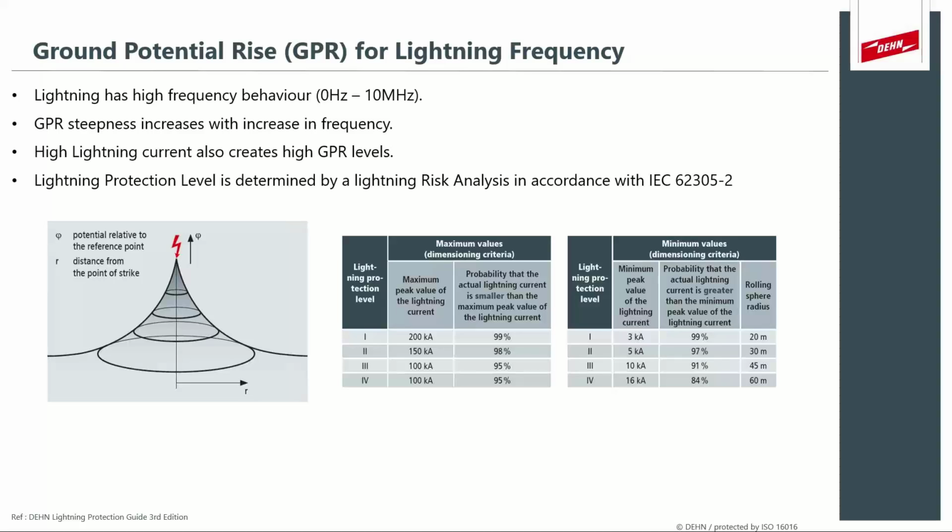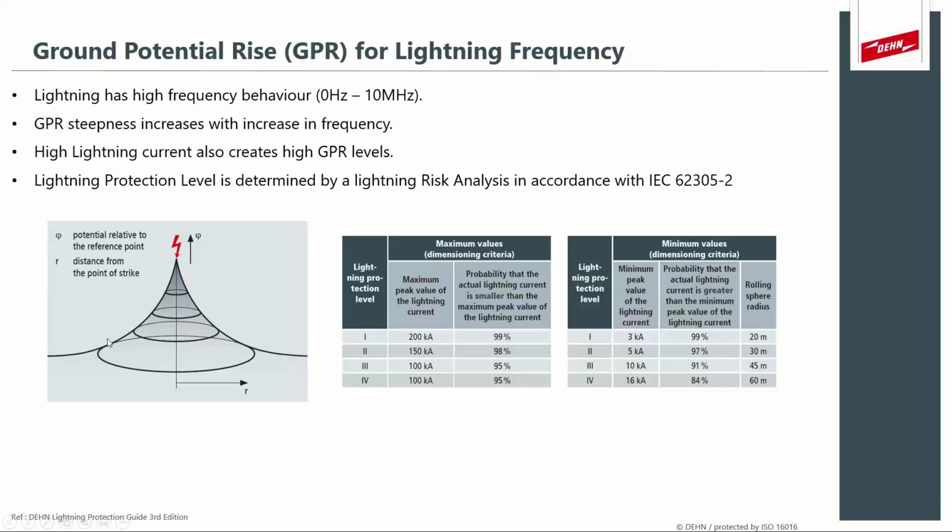As you remember in the white paper I explained previously, we spoke about 25 kilohertz, 250 kilohertz, and it goes up and up. And lightning is known to have high frequency behavior, and it can change from DC up to 10 megahertz in microseconds even. And that creates a very high ground potential steepness.